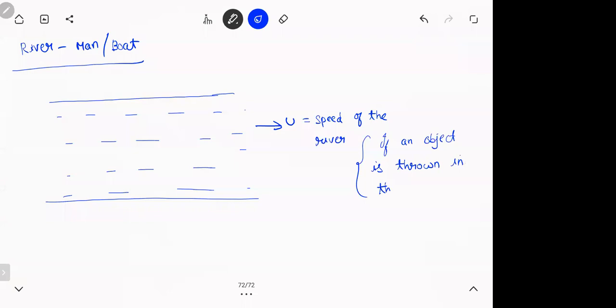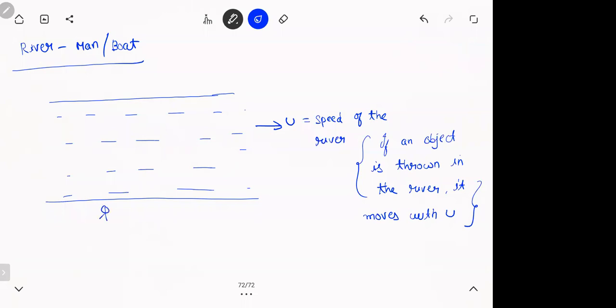If an object is thrown in the river, it moves or drifts with speed u. That is the meaning of the speed of the river is u. If I say the river is going with the speed of 3 kilometers per hour, anything that is in the river will flow with 3 kilometers per hour. If you put a boat or a raft, that will drift with 3 kilometers per hour, with u.